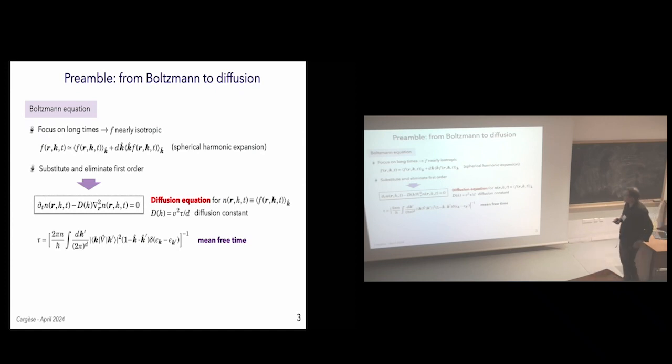This diffusion equation defines the diffusion constant, which is a function of the particle velocity v, a function of the dimension d, and it depends on a fundamental time scale, tau, which is called the transport mean free time, and it is precisely the time scale beyond which the momentum is randomized by definition. So this is the diffusion equation that you get at long times.